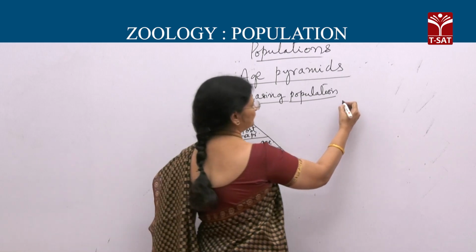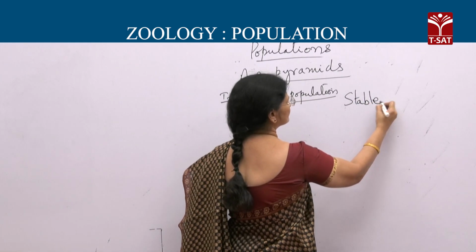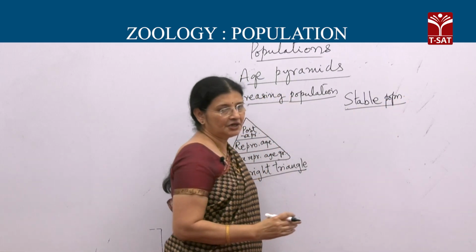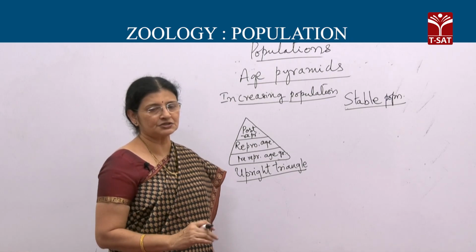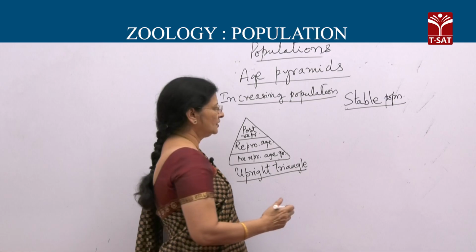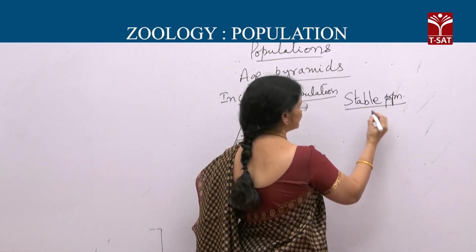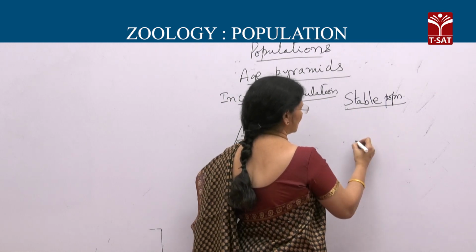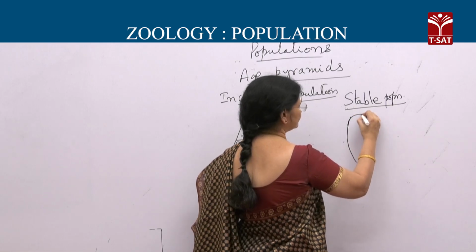If you take a stable population, the natality and mortality are almost the same. So you will find all age groups approximately equal, and you get a bell-shaped pyramid.